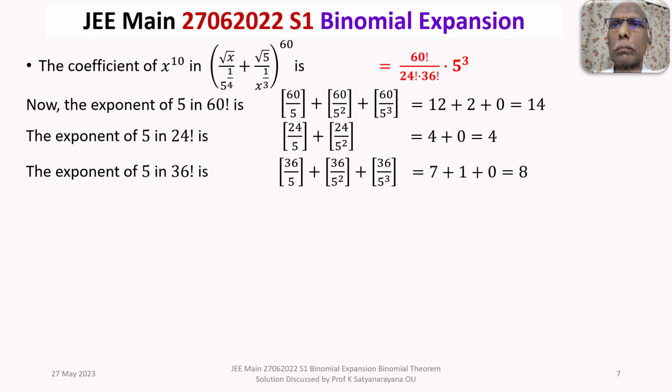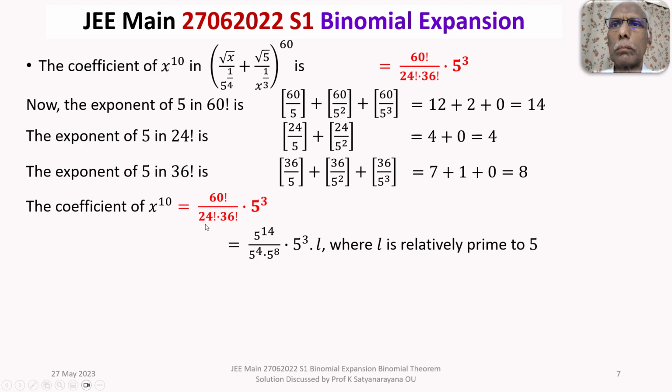Also for 24 factorial, we extract 5 to the power of 4. From 36 factorial, it is 5 to the power of 8. So the coefficient of x to the power of 10 is given by 5 to the power of 14 from 60 factorial, 5 to the power of 4 from 24 factorial, 5 to the power of 8 from 36 factorial, and 5 cube is already there.